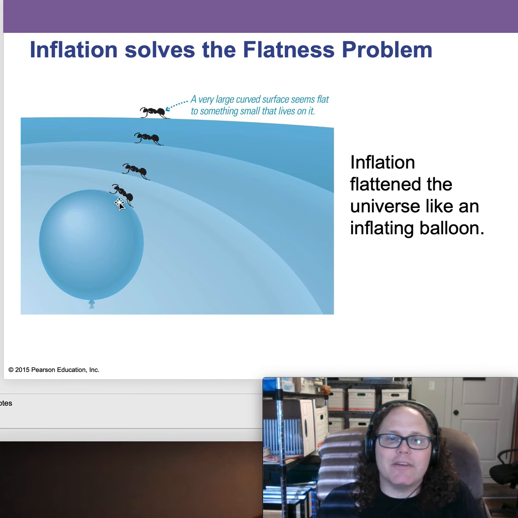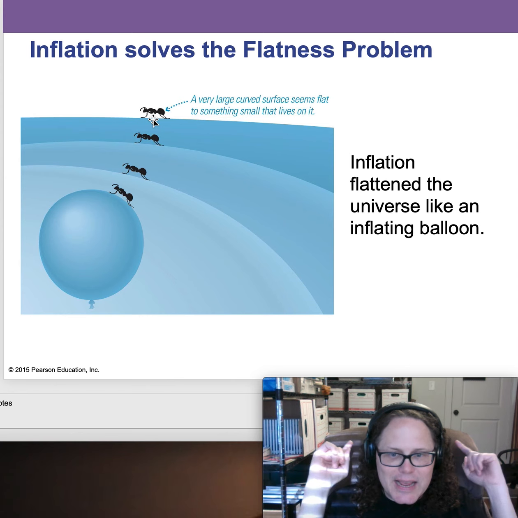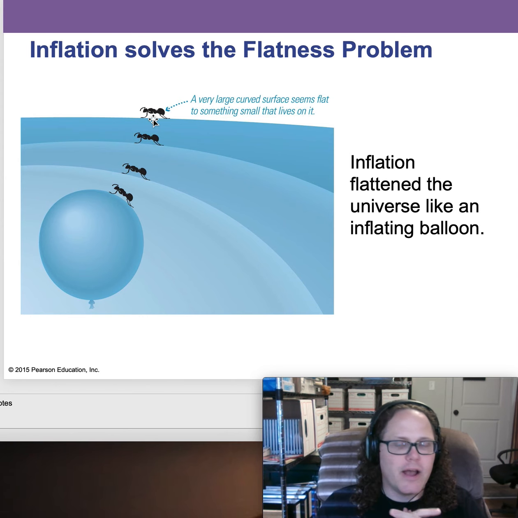Say you're an ant on a balloon. Well, maybe this ant can see the curvature of the balloon, but if you blow the balloon up large enough, then to the ant, the balloon looks flat. Just like to you, looking around, the world looks flat. Not because it is flat, but because the Earth is so large that the part that you can see is almost flat and looks flat to your eyes.